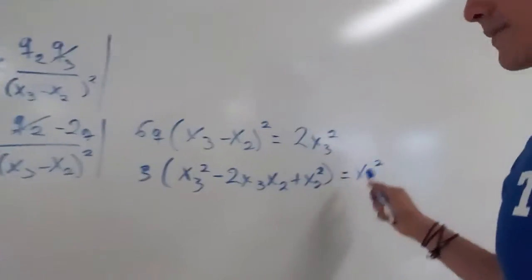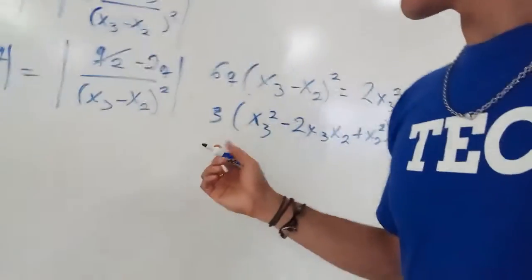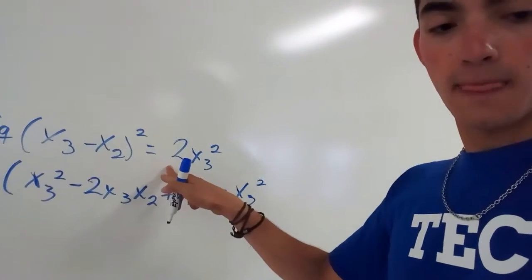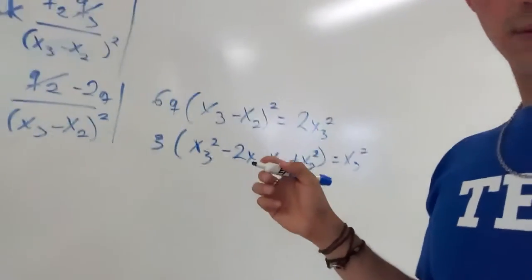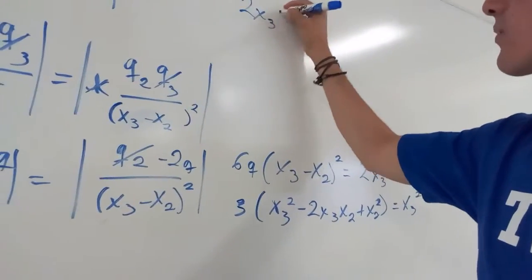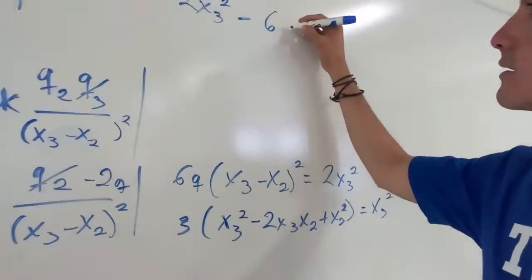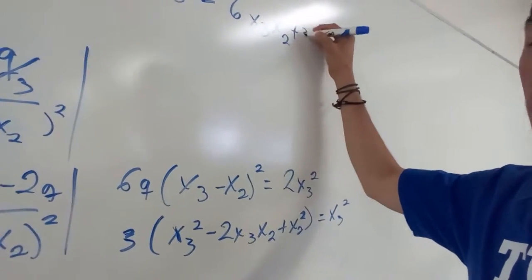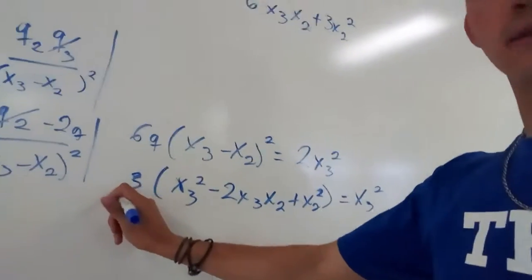Once we have these two values, we can sum them up, and we will obtain that the one on top will be equal to this one, that is 2x3 squared minus 6x3x2 plus 3x2 squared.